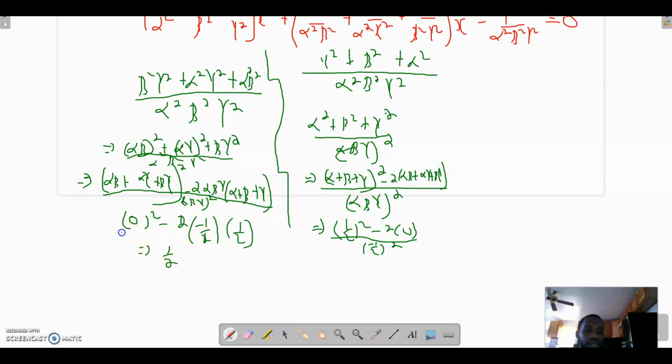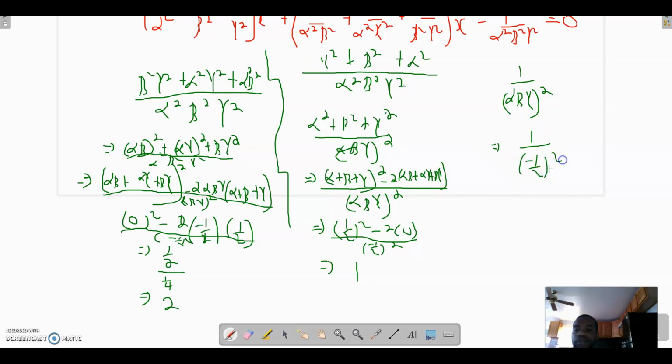So all this goes over negative a half squared. So I would have a half over a quarter, which breaks down to give me 2. Likewise, we can put this in the calculator: a half squared boils down to give us 1. And finally, 1 over alpha beta gamma all squared is 1 over negative a half squared, which gives me 4.